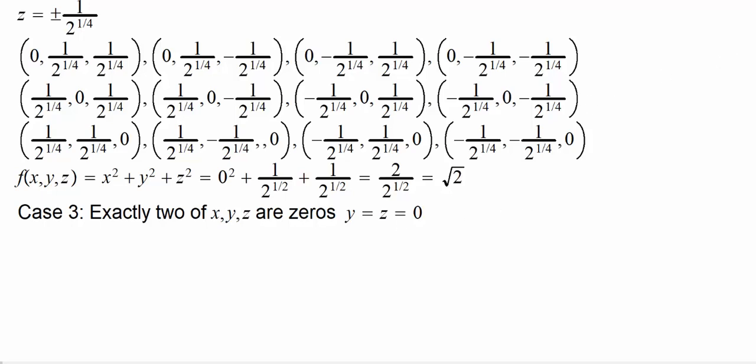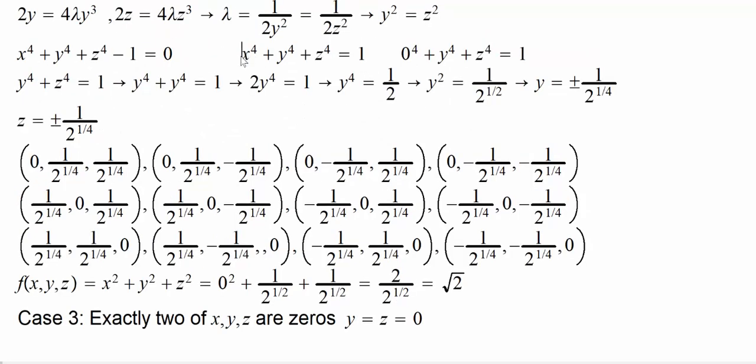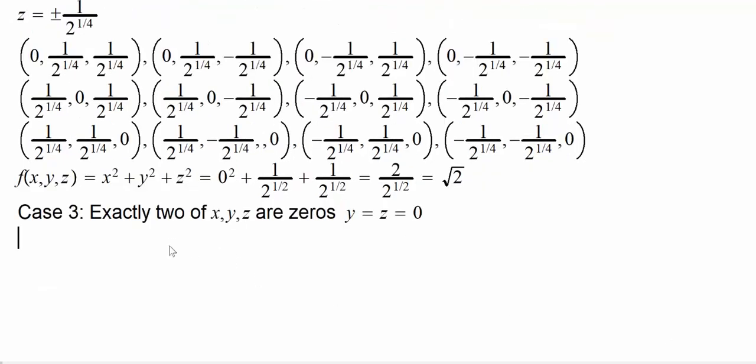Why? Because remember the condition that we have. We can directly substitute x to the 4 in this equation, right? Because x is not equal to 0 and these are zeros. So what do we get? y and z being zeros means these are out.